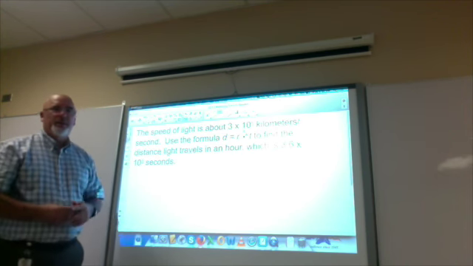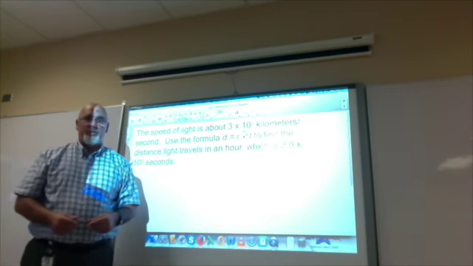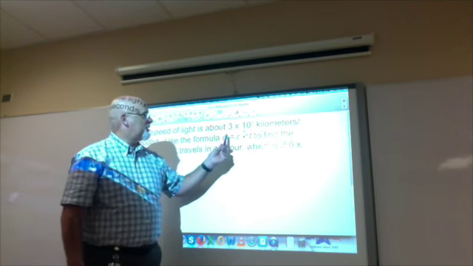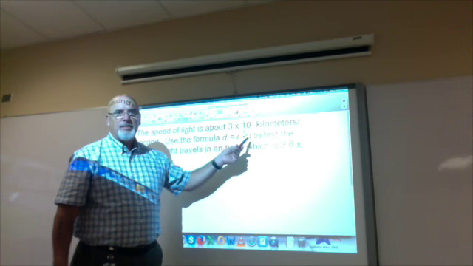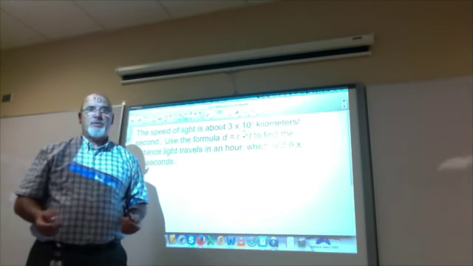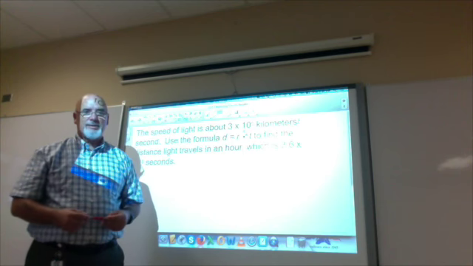The speed of light is about 3 times 10 to the 5th kilometers per second. Use the formula, distance equals rate times time, to find the distance light travels in an hour, which is 3.6 times 10 to the 3rd seconds.